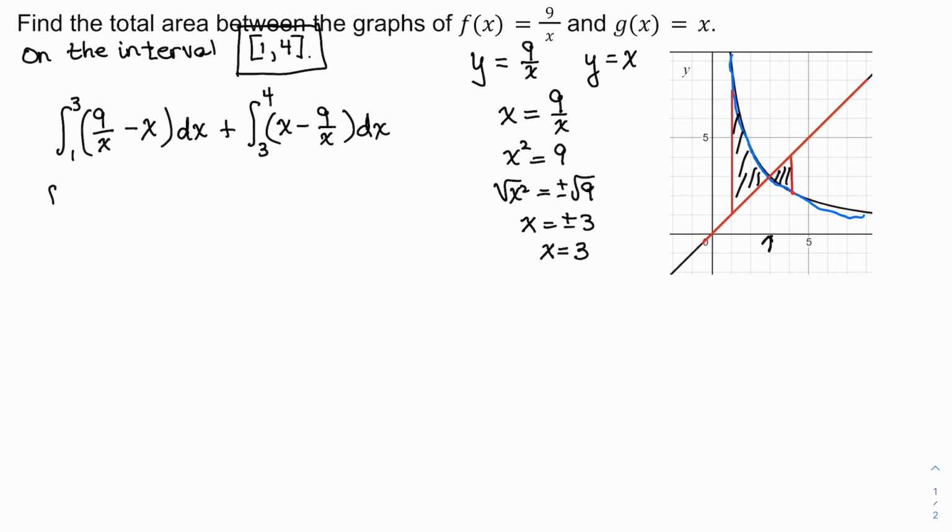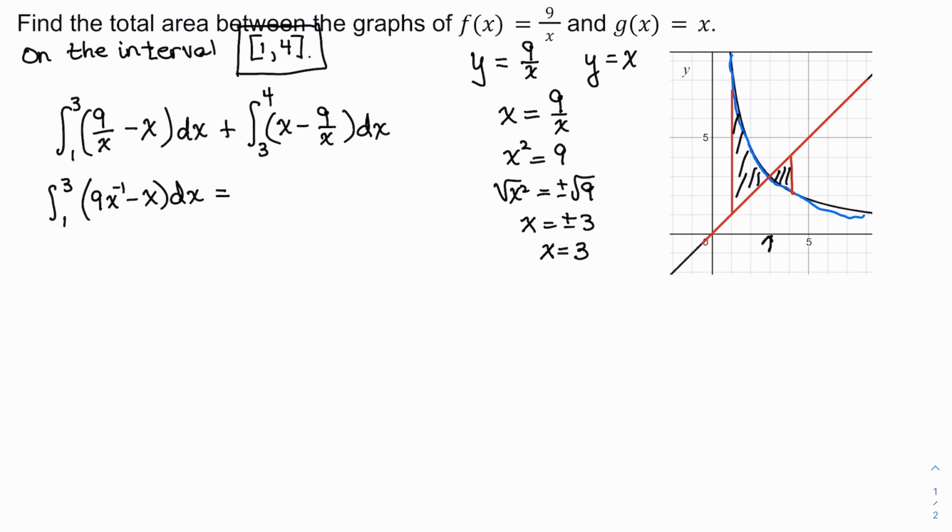So now we just need to evaluate these two definite integrals and add them together. Let's first look at the integral from 1 to 3, and we're going to write the 9/x as 9 times x to the negative 1 to get ready to integrate it. Well, x to the negative 1 is a variable base with a number exponent, but the exponent is negative 1.